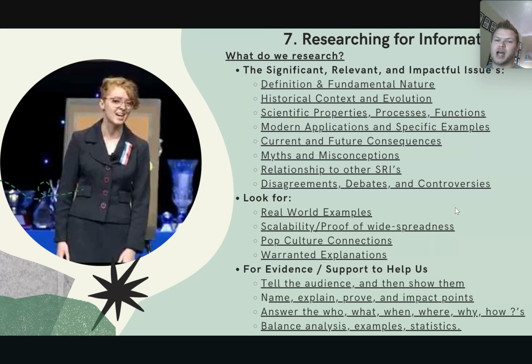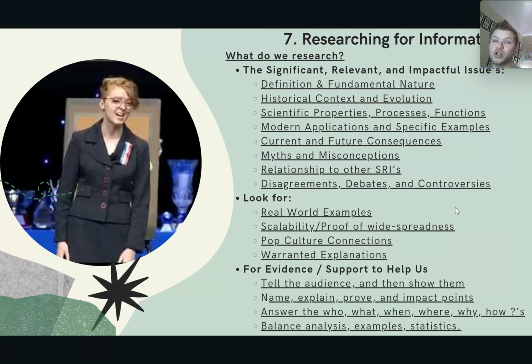Not every single topic is going to have a ton of information with this, but when you have some sources that apply to each of these categories, you'll do a much better job at choosing your main points and being able to give the best information, not just the first or most obvious information you find. While you're looking in these areas, you are really looking for real world examples, proof of how widespread or unknown but powerful and everywhere, omnipresent, your topic is.